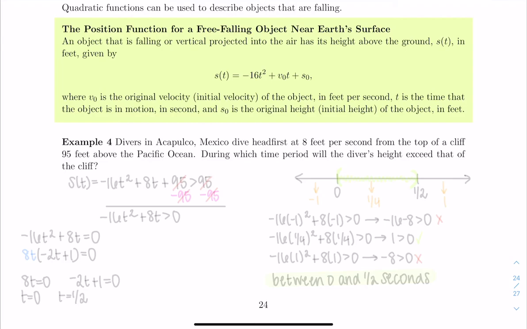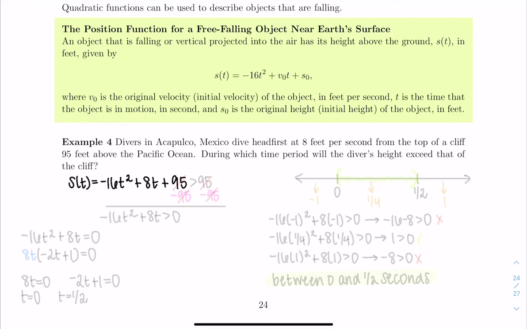So let's go ahead and write our function. s of t equals negative 16t squared plus our v naught, the original velocity. That's going to be the 8 feet per second, so that's 8t. And then s naught is the original height. Well, the original height is 95.